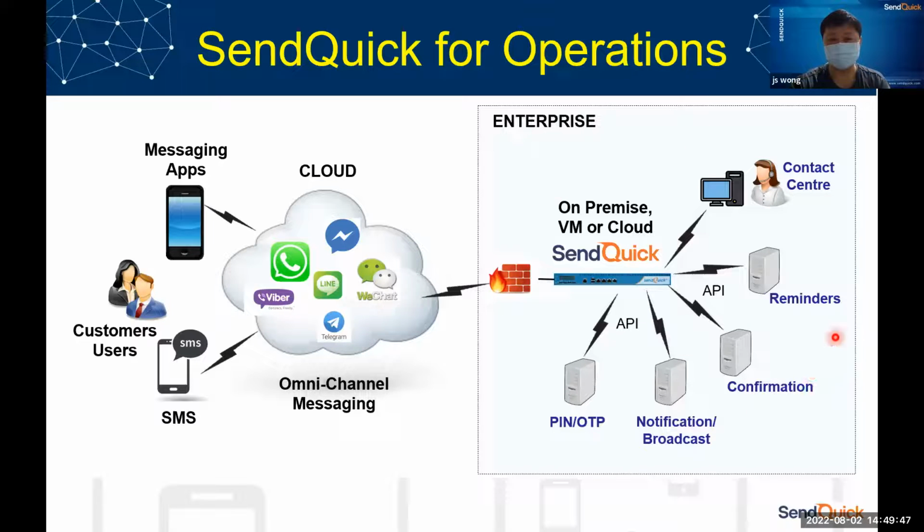SendQuick has an API that can integrate to any application, and you can send messages to different channels, whether SMS or omni-channel, to deliver information in two ways, from the application to the user or from the user to the application.